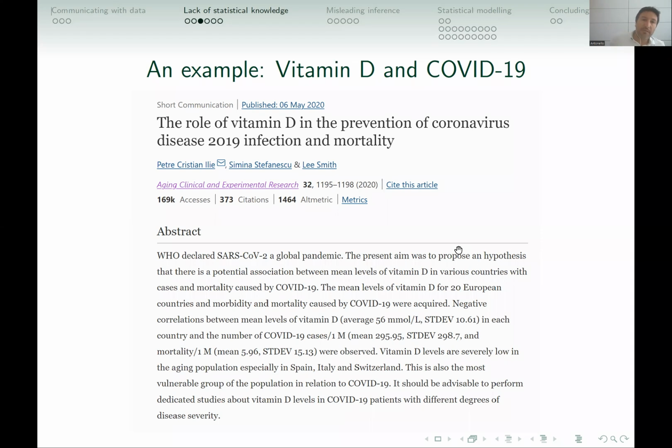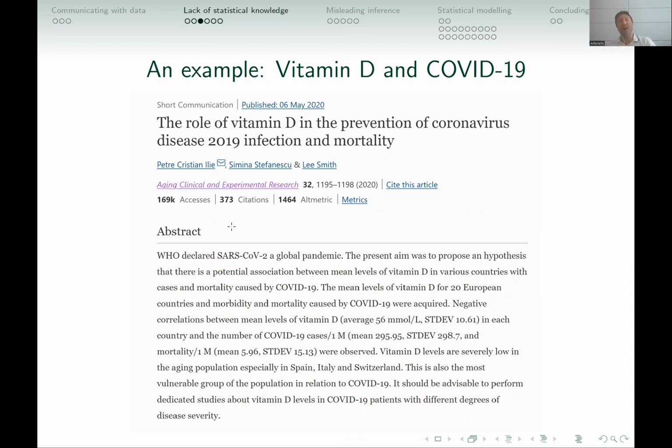There is this quite famous paper on the role of vitamin D in the prevention of coronavirus disease 2019 infection and mortality. As you see, I just downloaded the paper again recently. It has more than 370 citations, but if you look at Google Scholar, they are double. So it's a milestone.